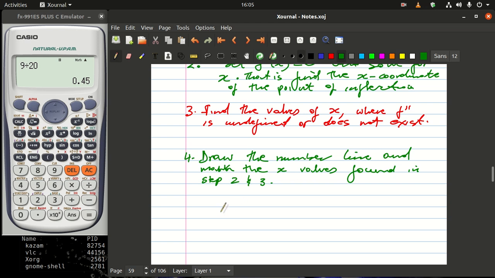Remember that you'll get something like this, and this number line is for the second derivative. Please make note of that. It's not for the original function. And then you plug those values. I'm gonna call these values a1, let's say this one is a2, and then I have a3, and then a4, and then some a5.